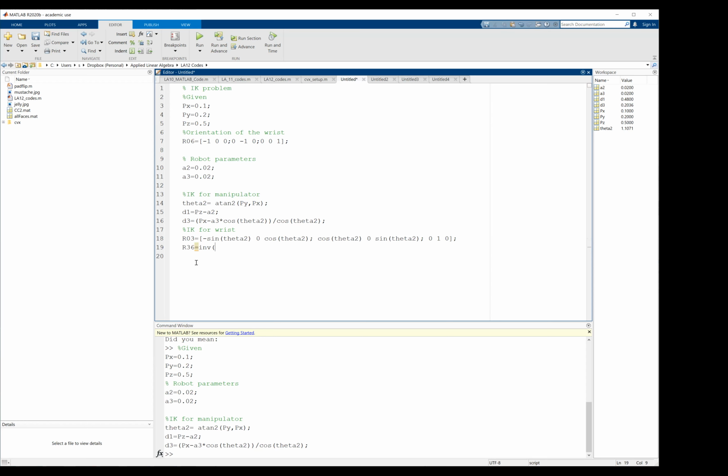You can compare it with the transpose of R03 multiplied by R06.